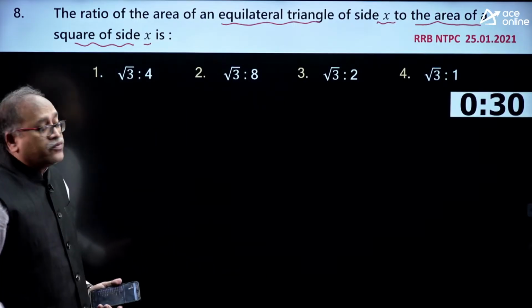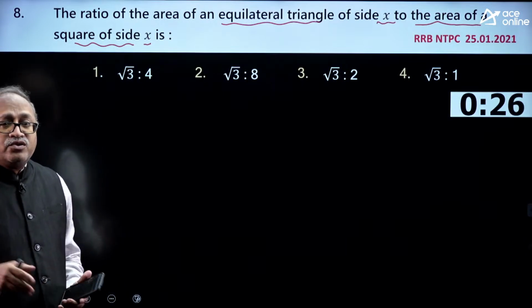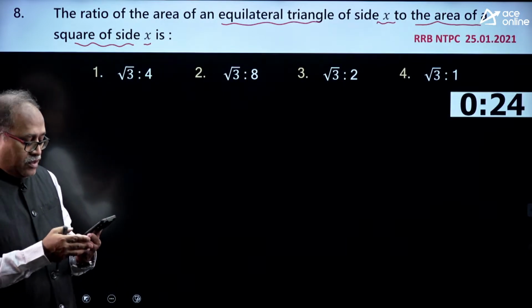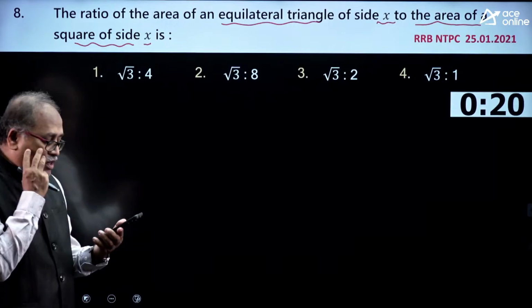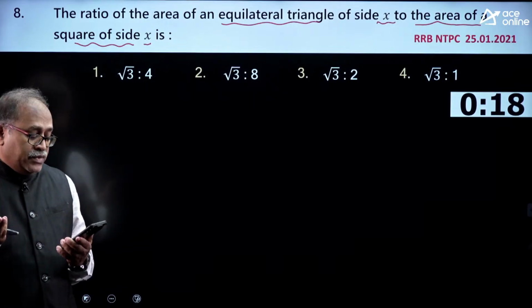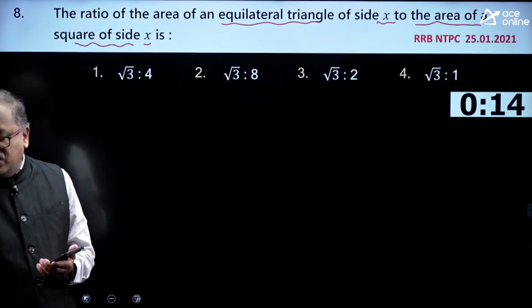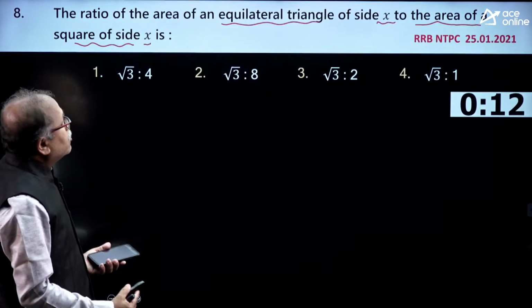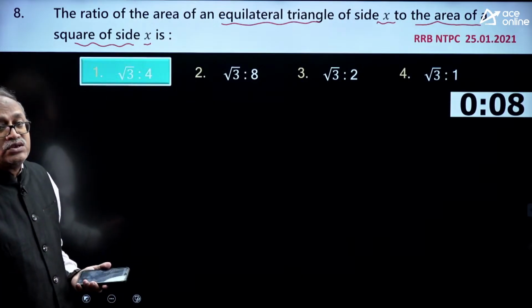So as you know the formula of the equilateral triangle area, you can find it out. You know the square. What's the answer? Option A. Yeah, that's right. So I am very comfortable that you know the concept. So you answered the question here. Your option choice 1 is correct.